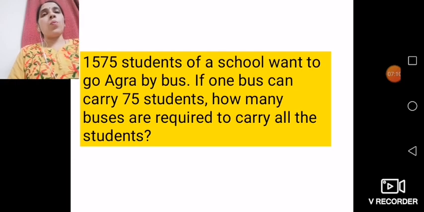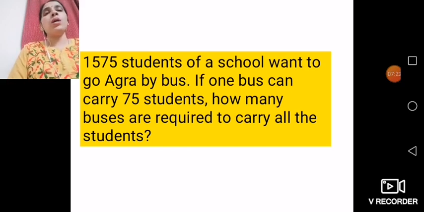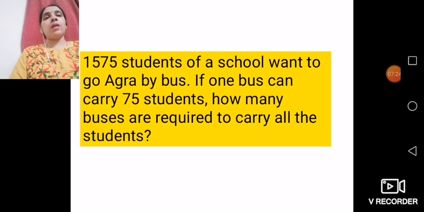So, here 1575 students of a school want to go to Agra by bus. Here the number of students who want to go to Agra by bus has been given. Now, if one bus can carry 75 students, how many buses are required to carry all the students?